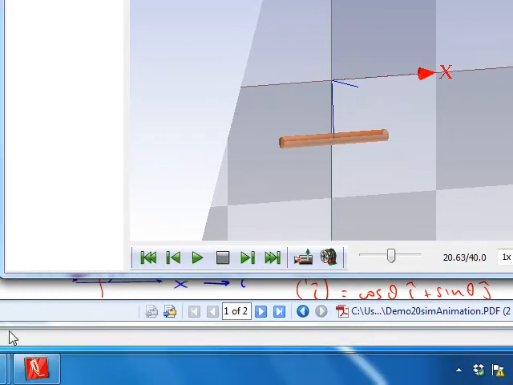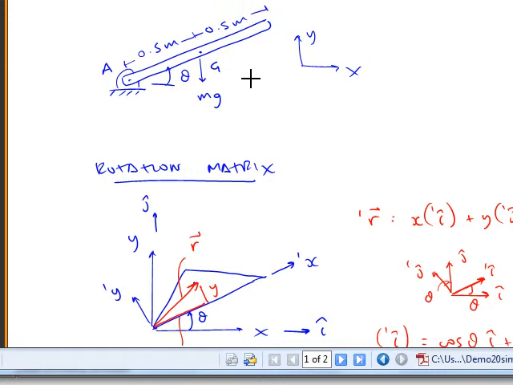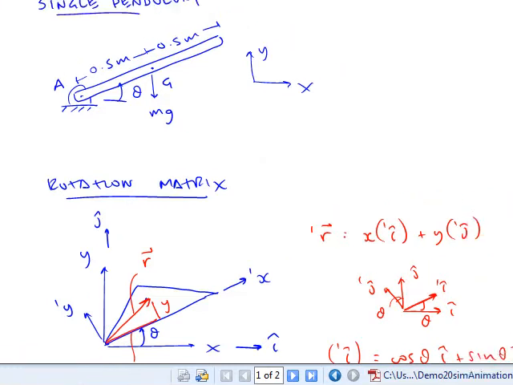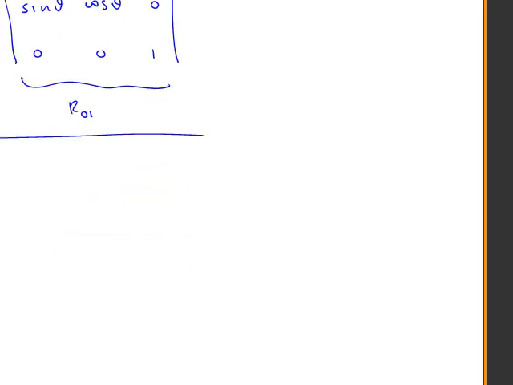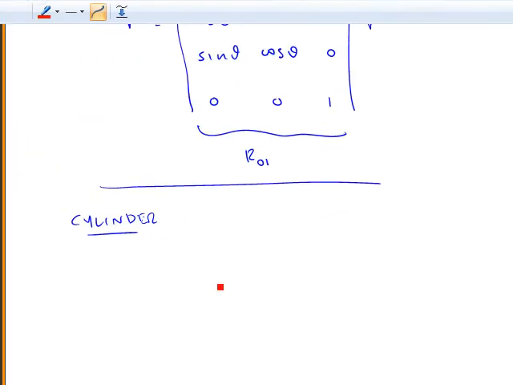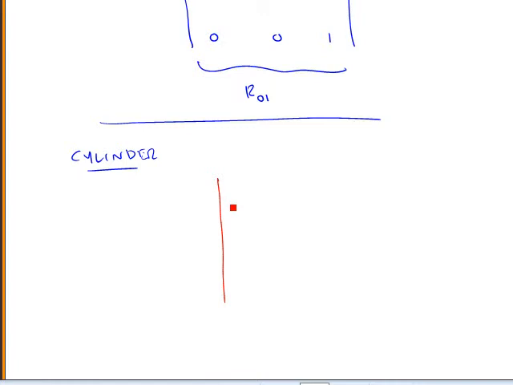So what's going on? Alright, let's take a look back at our little PDF chalkboard document here. So I'll flip the tablet PC around. When we bring in the cylinder, okay, it's coming into the inertial frame.